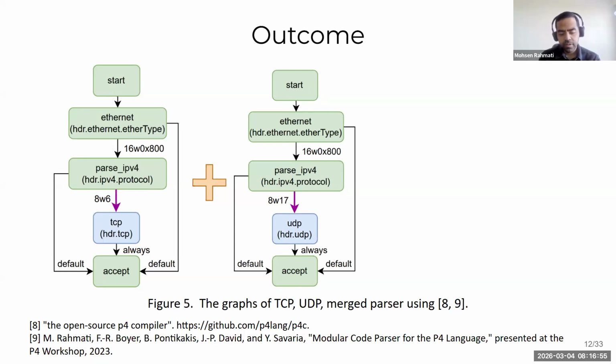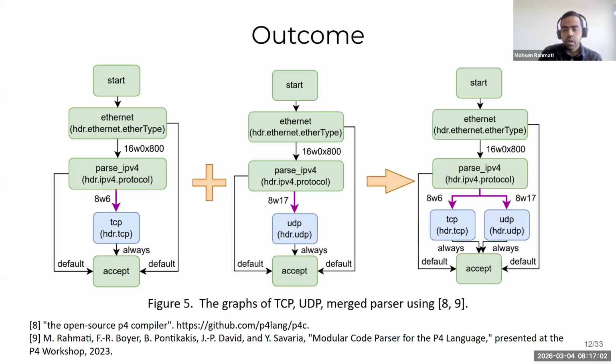So based on this definition, we can consider different names for the states. And as an output, we have this one. The compiler can understand that the base parser does not have UDP as an extra state, so it tries to merge it as a child of parse underline IP version 4.